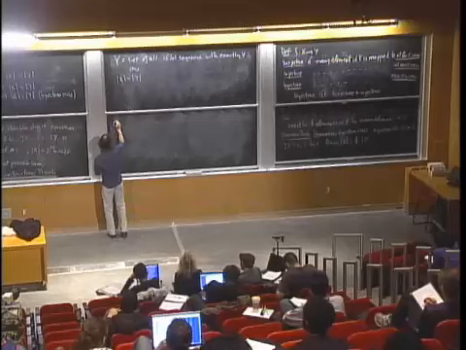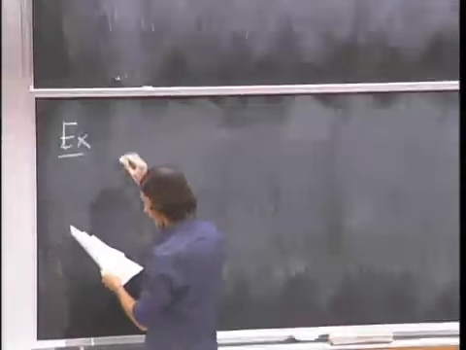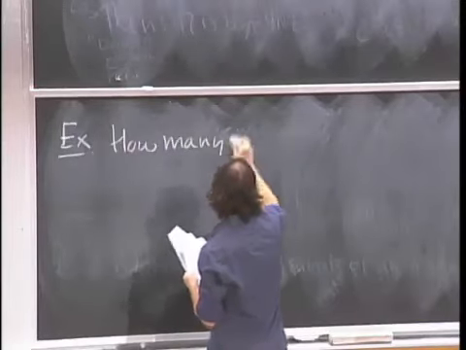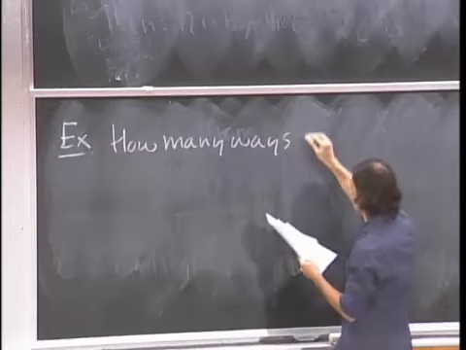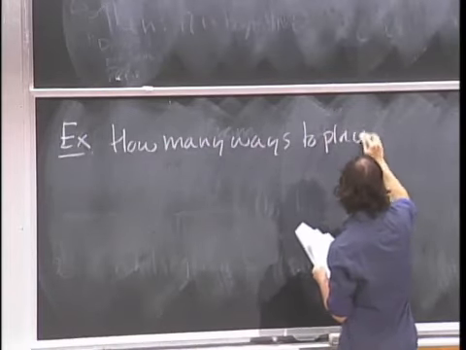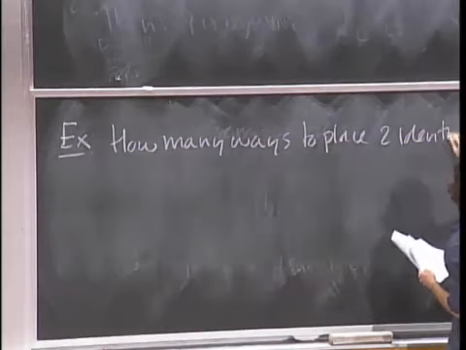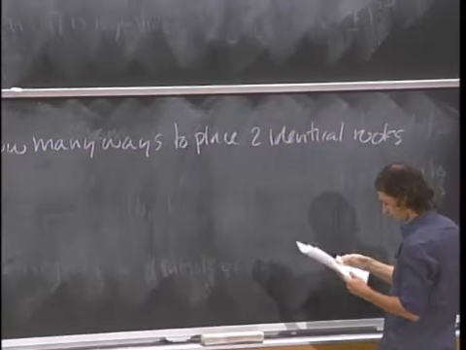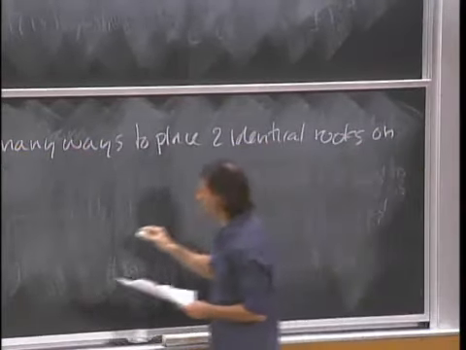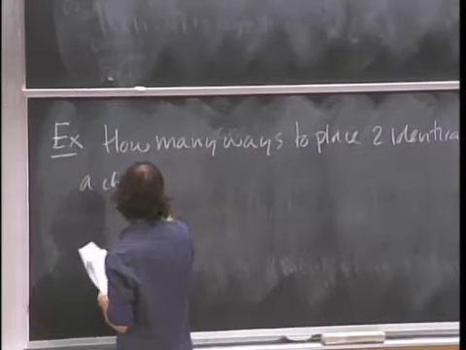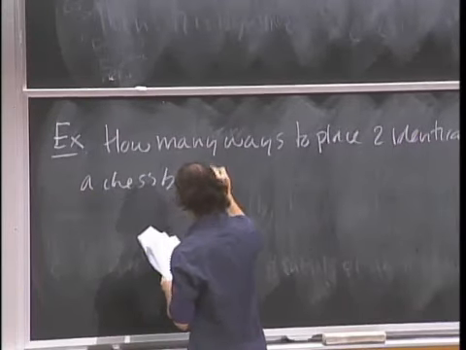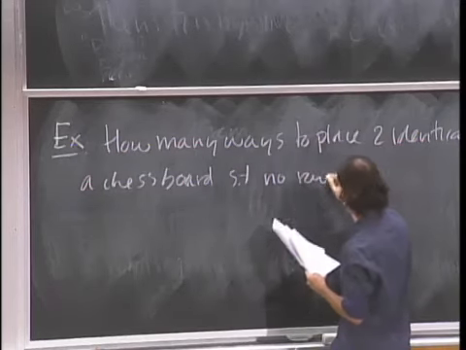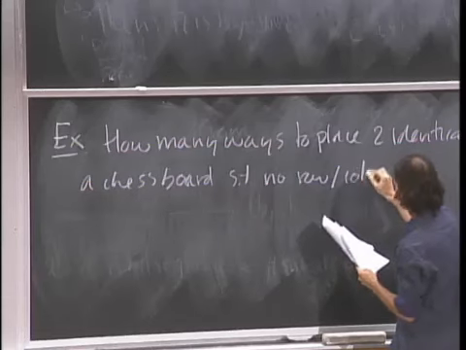So let's give an example. So the example is like this. How many ways do we have to place two identical rooks on a chessboard in such a way that no row or column is shared?